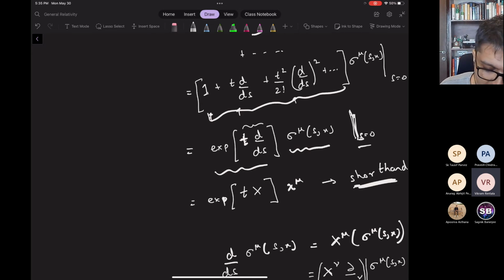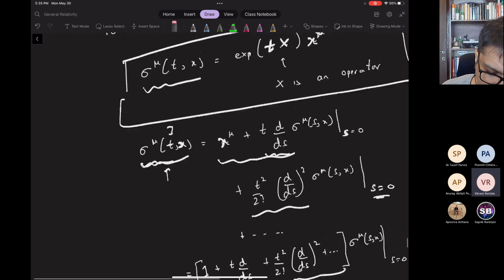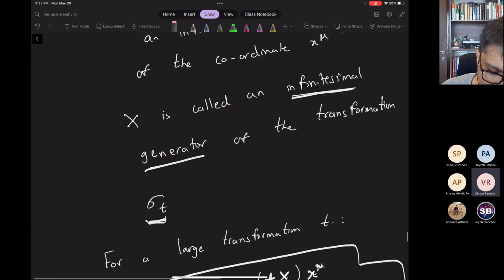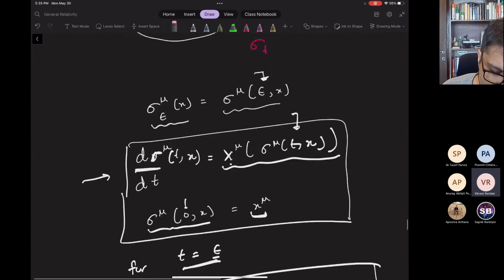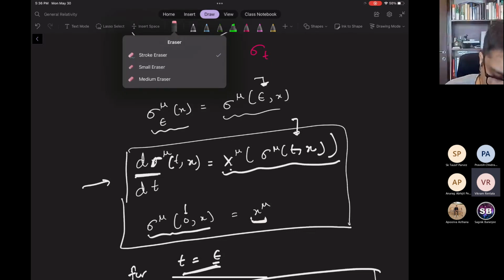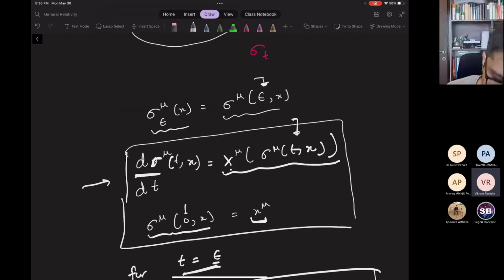So in shorthand, we're writing this as taking d by ds of sigma mu. This d by ds, or d by dt, of sigma mu must satisfy this equation. So it must give me x mu, and this x mu evaluated at sigma mu s x.